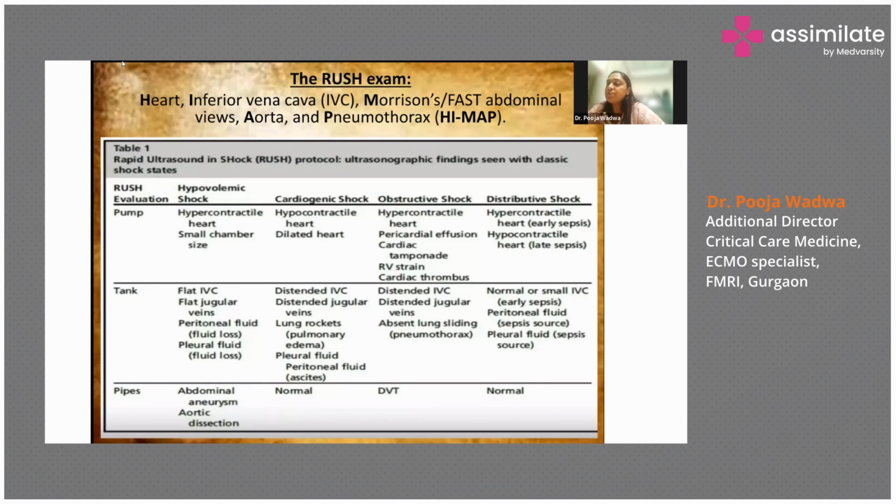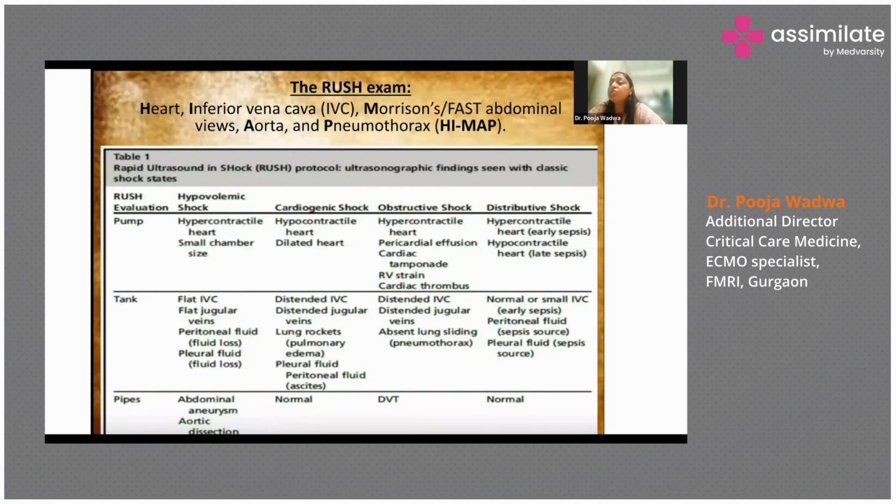Now, in cardiogenic shock, as the name suggests, it is basically because of a cardiac abnormality. So the heart contractility will be hampered, and because of that, the chambers will be dilated. So you will get a hypocontractile and dilated heart.